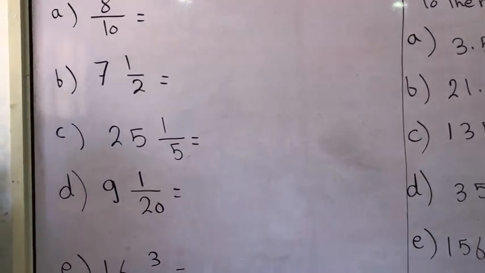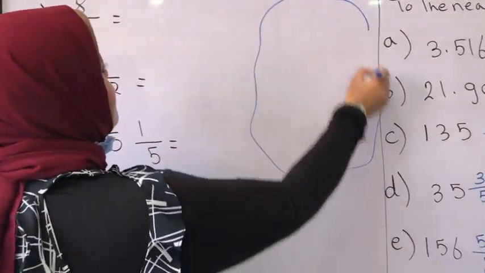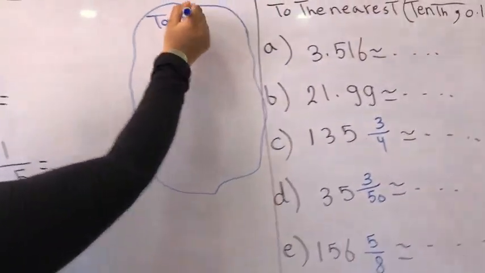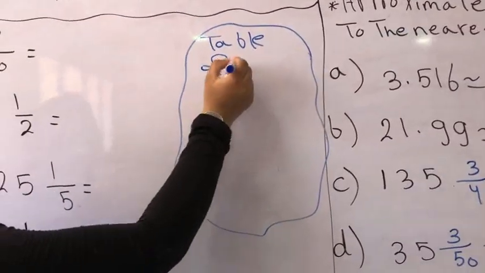So what do we remember for the decimal form to help me? What is this, Junior 4? Table of... I hear you. Table of friends.